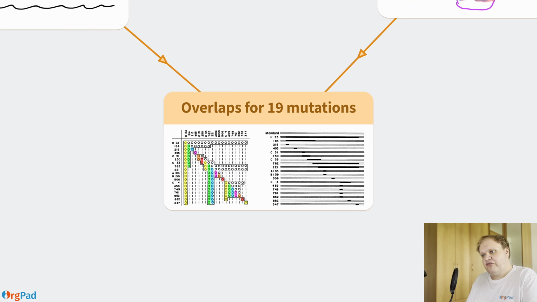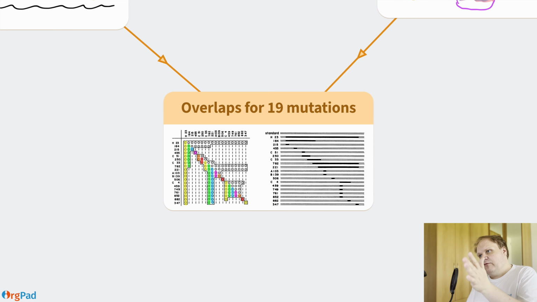These are his data for 19 different mutations. In his paper, he didn't consider graphs. He was describing everything in the language of matrices. So he put 0 when they couldn't recombine the original non-defective version of the virus, so they were overlapping, and 1 when they were non-overlapping.